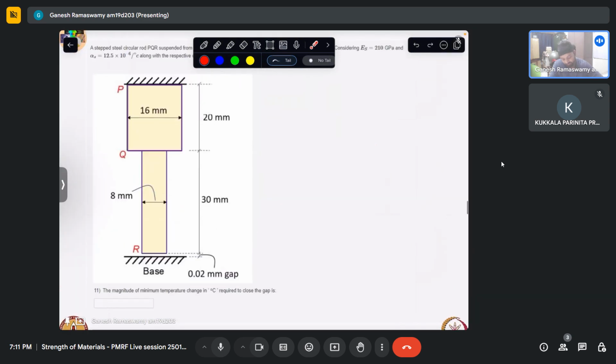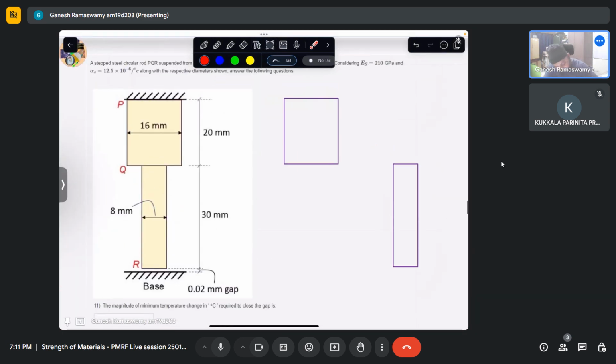So for this case, if this is L, let this be L PQ, or I will label this as 1 and I label this as 2. That will be much more convenient.